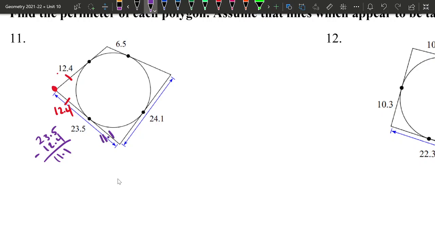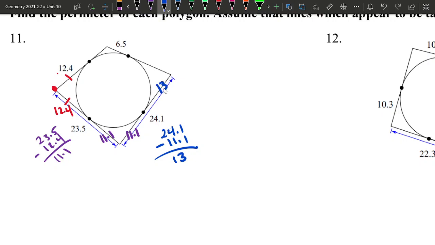And if that's 11.1, its match is also 11.1, which is the other part of the corner. So the two pieces of the corners are equal to each other. And then I can do the same thing over here. If I have 24.1, subtract 11.1, it's going to give me 13. So that means this piece is 13.